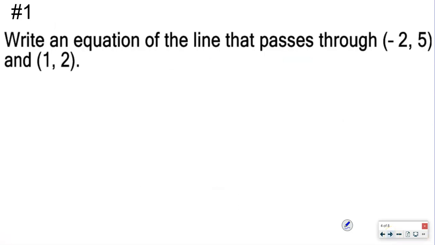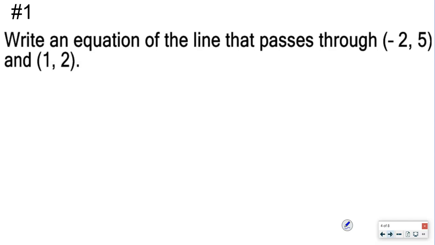Okay, so we want to be able to write an equation of a line that passes through these 2 points, -2, 5, and 1, 2. So we don't need to draw this out on a graph. We can just use the points given to help us plug in to that point slope form and then write an equation for the line in slope intercept form.